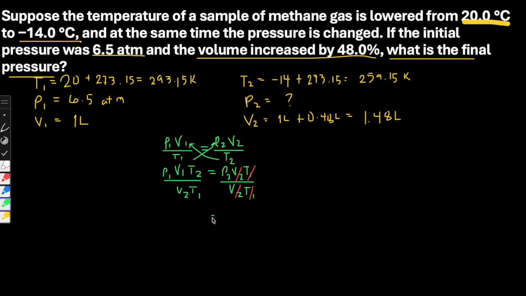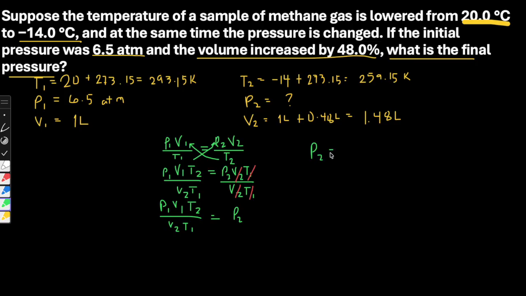So our equation will now be P2 that is equal to P1 V1 T2 over V2 T1.